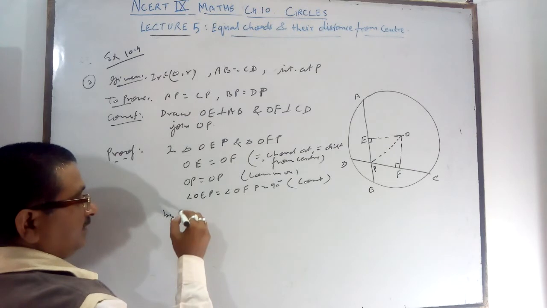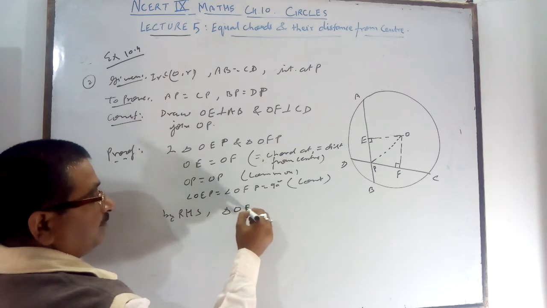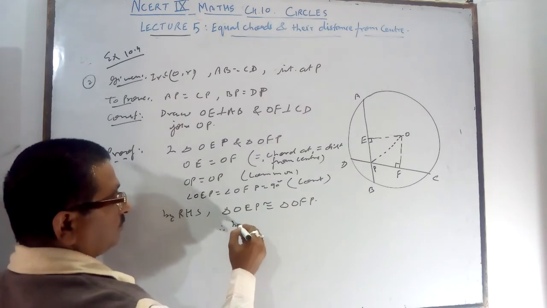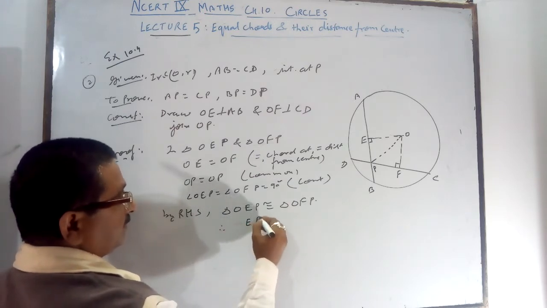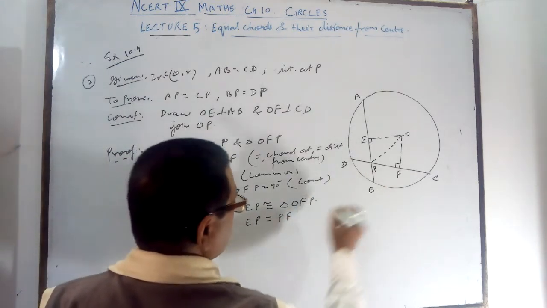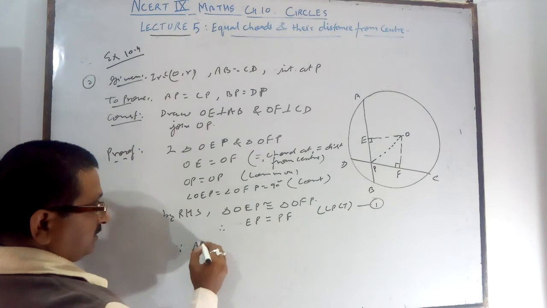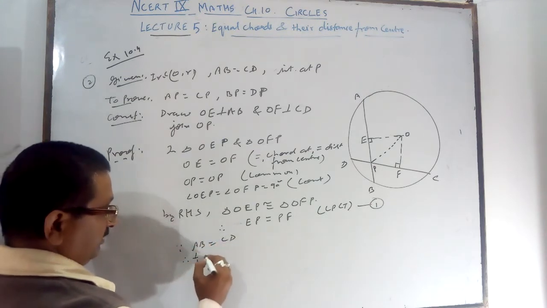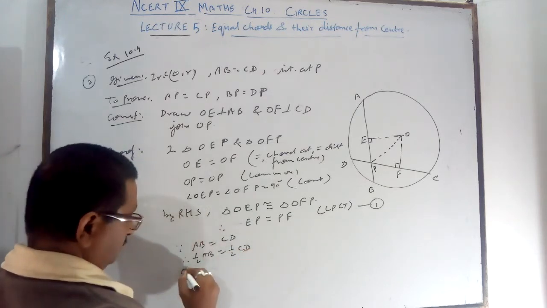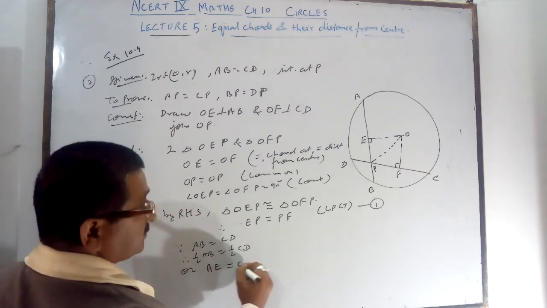By RHS, right angle, hypotenuse and side congruency, triangle OEP is congruent to triangle OFP. So EP is equal to PF by CPCT. It is the first equation. Because AB is equal to CD, half AB is also equal to half CD, or you can write AE is equal to CF.